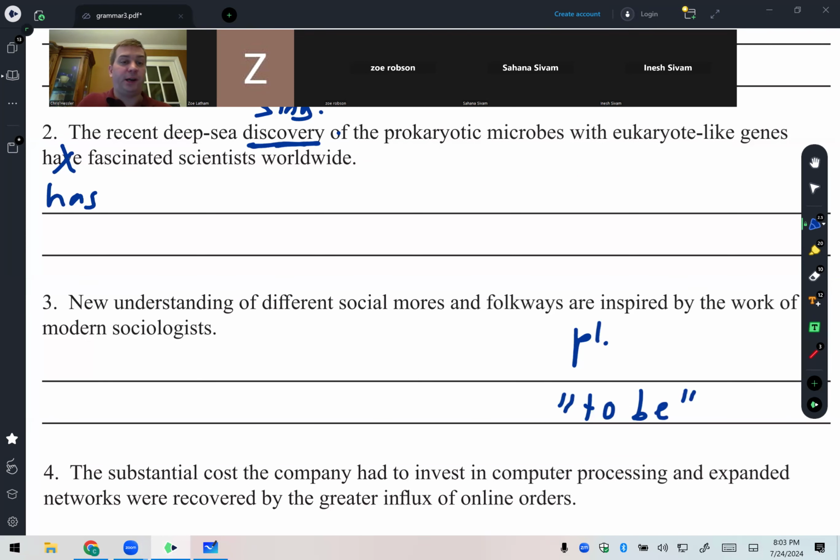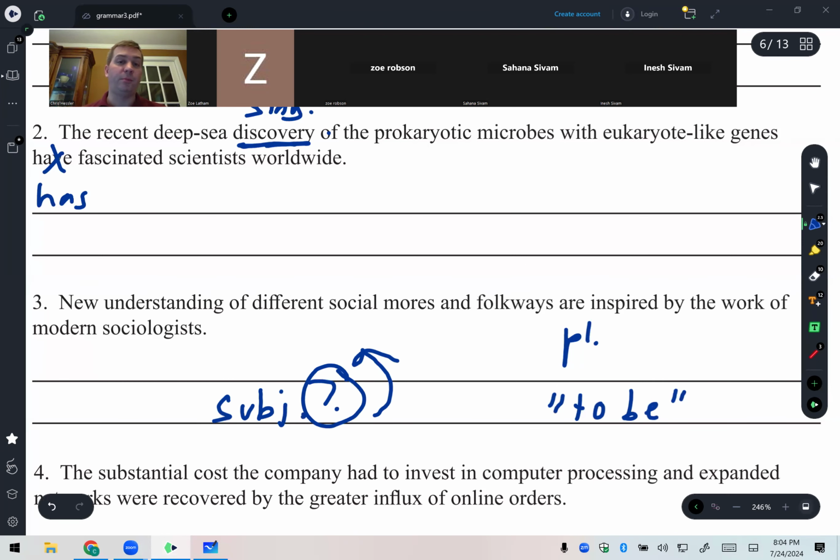But what is my subject? And I'll probably cross off half of the sentence and try it that way too. But just a quick question for the group. What is the subject of this sentence? Every sentence has a subject. Are the mores the subject, which would be plural? The folkways, those are plural. But maybe something else is our subject.